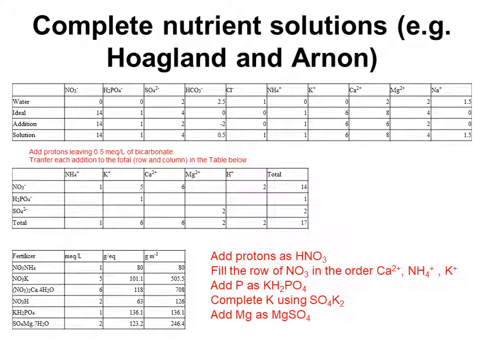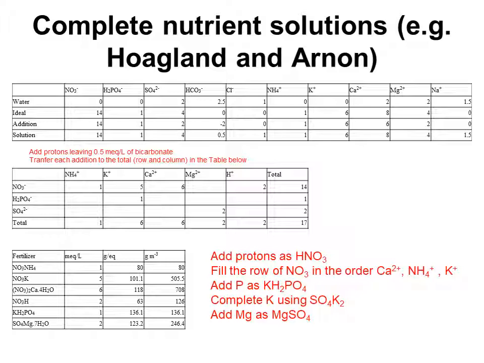So we don't put here 6 of potassium nitrate because we need to put some potassium along with phosphorus. It's the only input for phosphorus. So the distribution would be 5 and 1, and the total would be 6. And then we complete, if required, potassium using potassium sulfate. Do we need to add potassium sulfate? No. And finally, we add magnesium as magnesium sulfate.